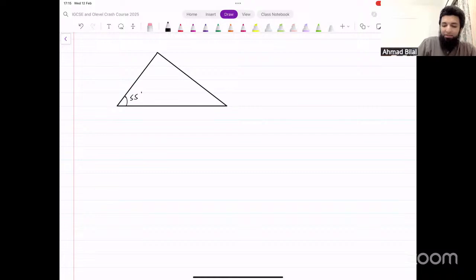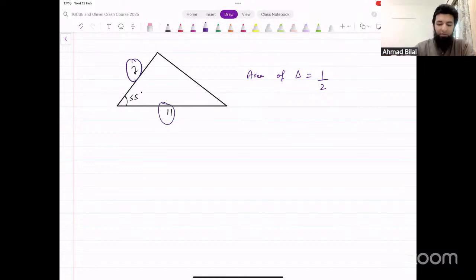And I know that this side is 7 and this side is 11. How do you find the area of this triangle? What's that going to be? Half AB sine C. So what does that look like? You'll say 1 over 2 into the two sides that you know. They are 7 and 11.